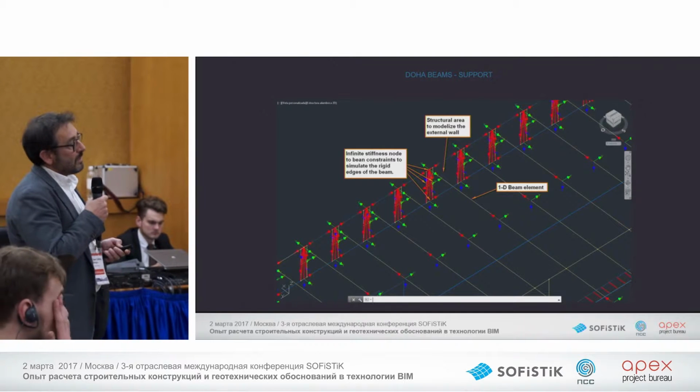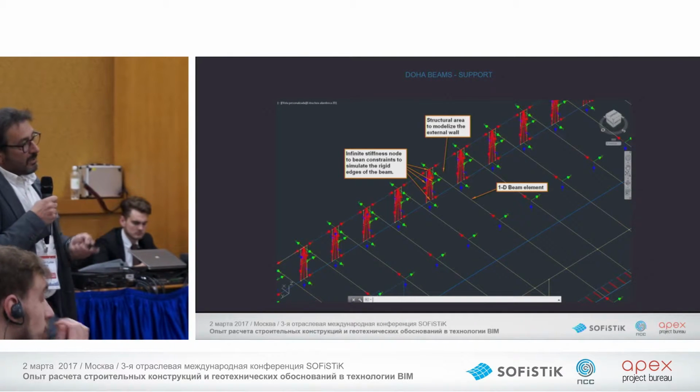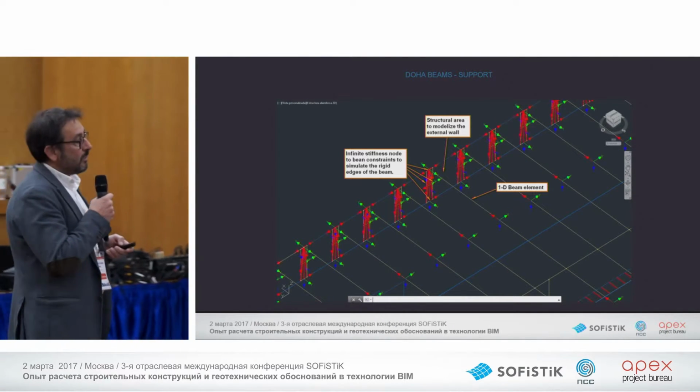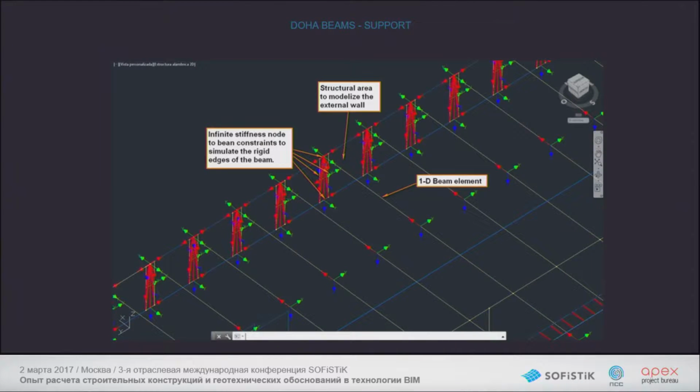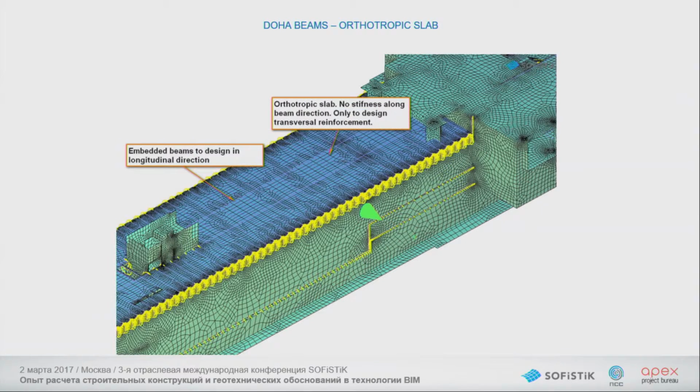So you have to model the real depth of the support to know the efforts between the beam and the wall. And you have to put in that kind of element to understand what is going on in that structure, because of the joint between the beam and the wall.